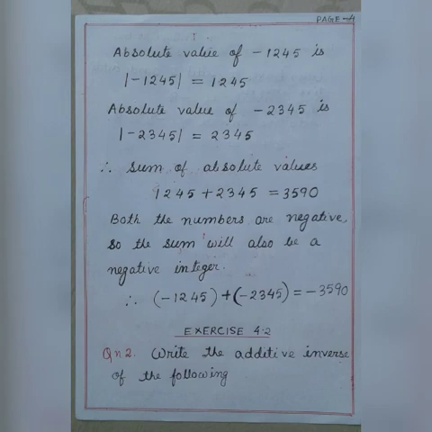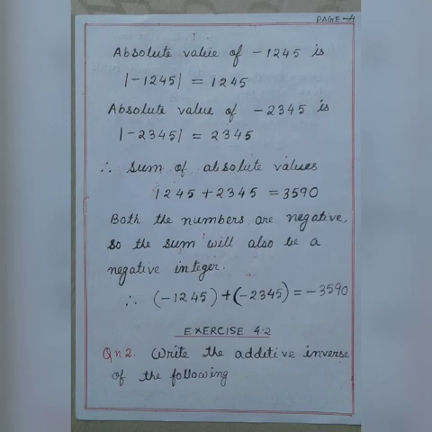Absolute value of minus 2345 is 2345. Therefore, the sum of absolute values 1245 plus 2345 is equal to 3590. Both the numbers are negative, so the sum will also be a negative integer. Therefore, minus 1245 plus within bracket minus 2345 is equal to minus 3590.